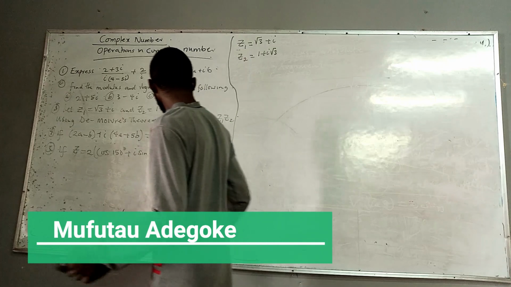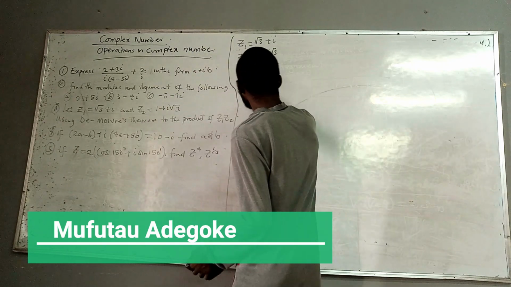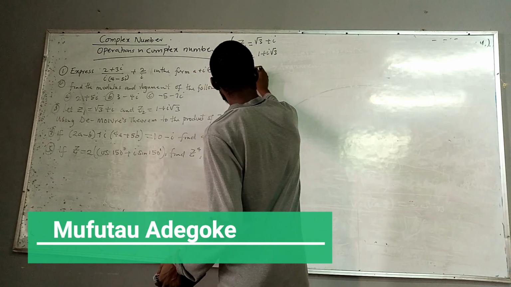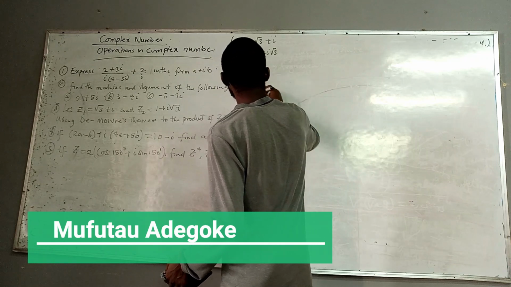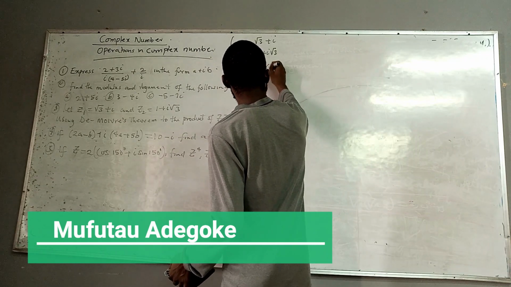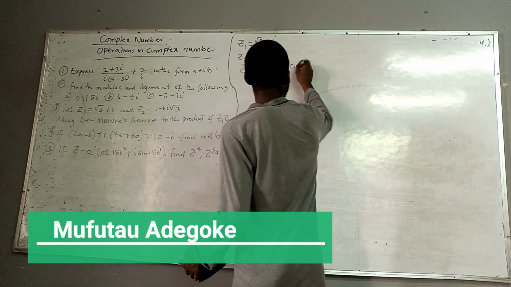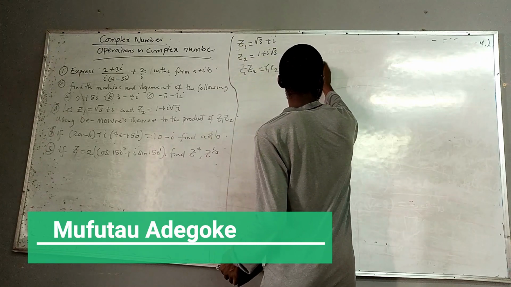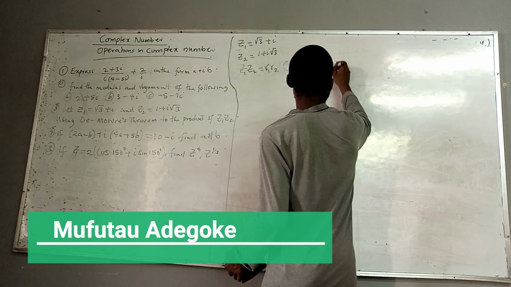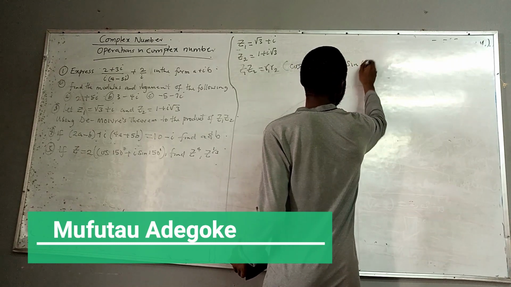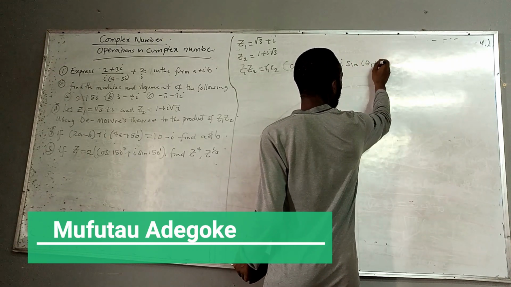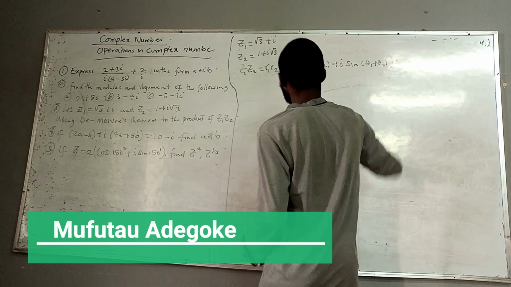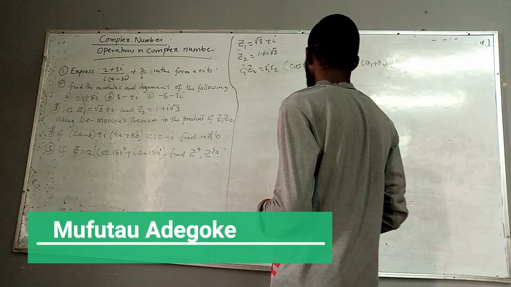Leave your answer in product. Yes, the product of z1 z2, we have proved it before. It is r1 r2 into cos of theta 1 plus theta 2 plus i sine of theta 1 plus theta 2. This is what you just need.